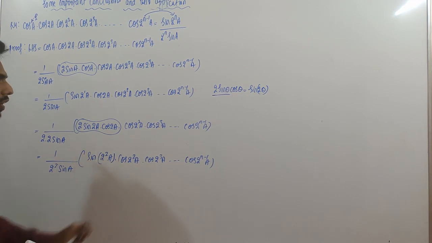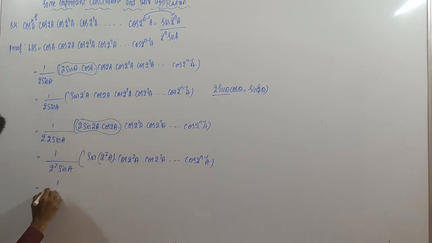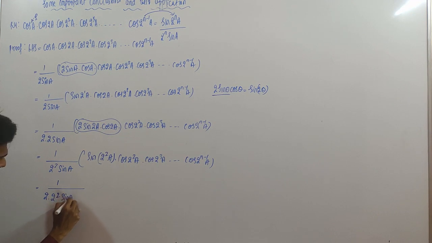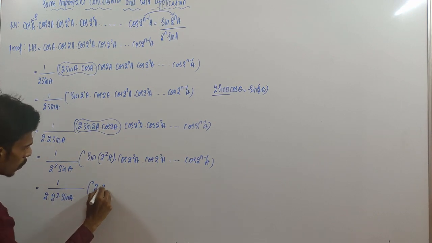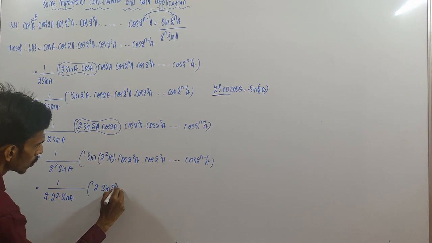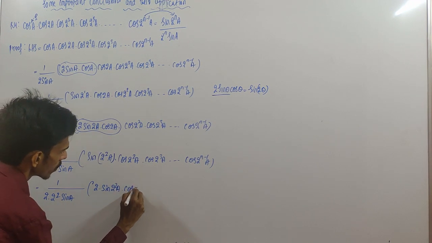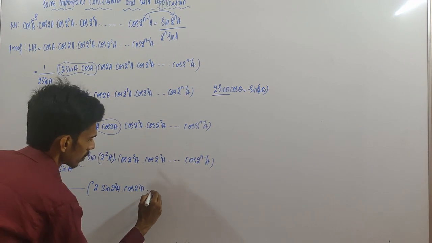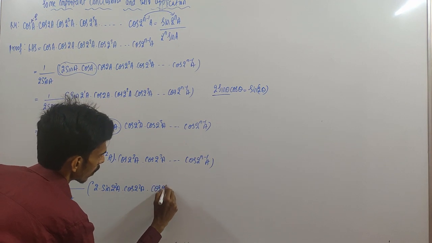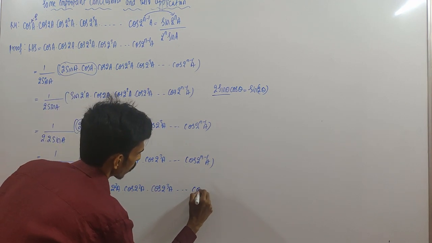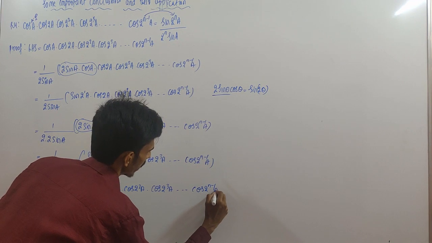We have sin theta cos theta, we require 2 here, so multiply and divide by 2. So it will become 2 into 2 square sin A. Here we have 2 sin 2 square A cos 2 square A, up to cos 2 power of n minus 1 A.